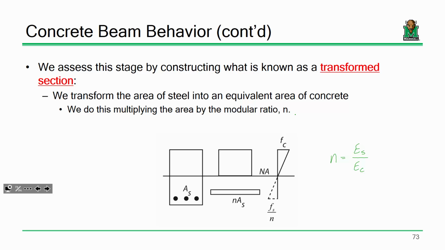I've got that in a couple slides earlier, but I figure I'll go ahead and throw that in here now. So by doing this, and transforming the beam into a single material, in this case concrete, this allows us to use that sigma equals My over I property that was so useful to us before. But we only use that once the beam has experienced cracking.